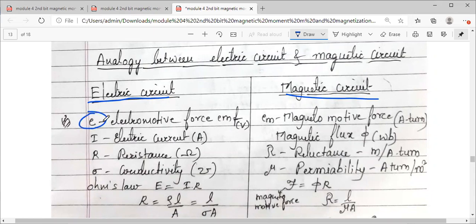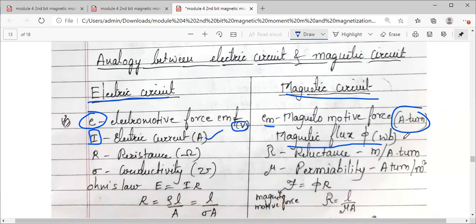In electric circuits, in network theory, you have studied E stands for electromotive force, measured in volts. In magnetic circuit, we come across the term magnetomotive force. Its unit is ampere turn. In electric circuit, the flow is of current, but in case of magnetic circuit, we say there will be the induced magnetic flux.